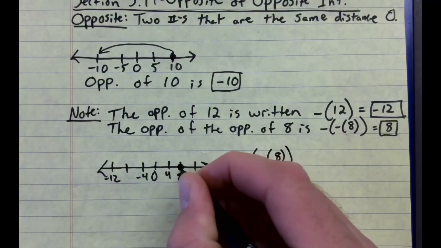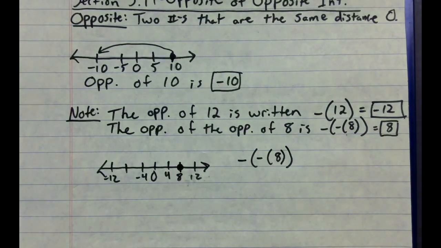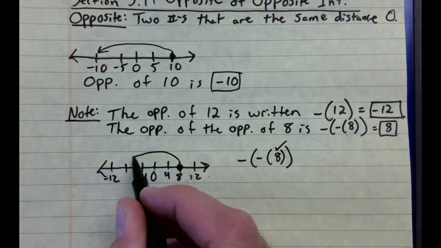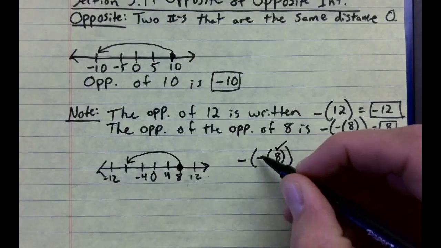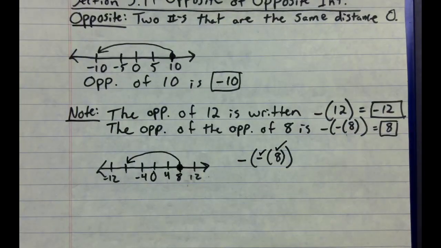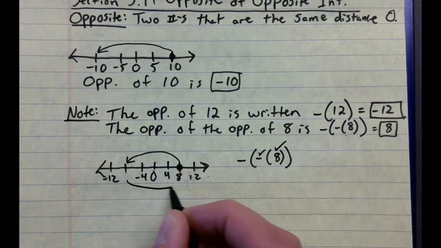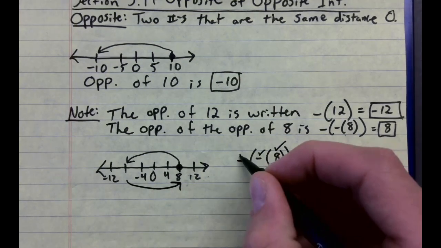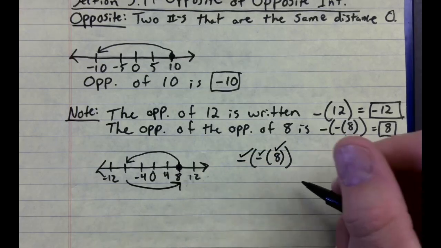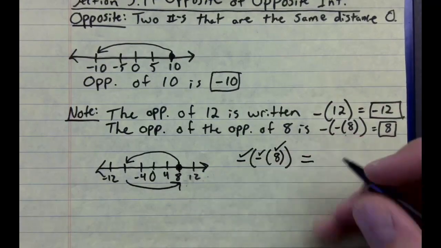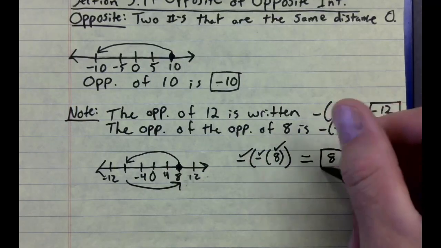So we know 8 is right there, okay? So we just plotted that, so we put a check mark. And then the opposite of 8 is -8. So we draw an arrow, we put a check because we just checked off that one. And our last one, the opposite of that, we go back to 8. And where we left off, your answer is 8. So the opposite of the integer 8 is 8.